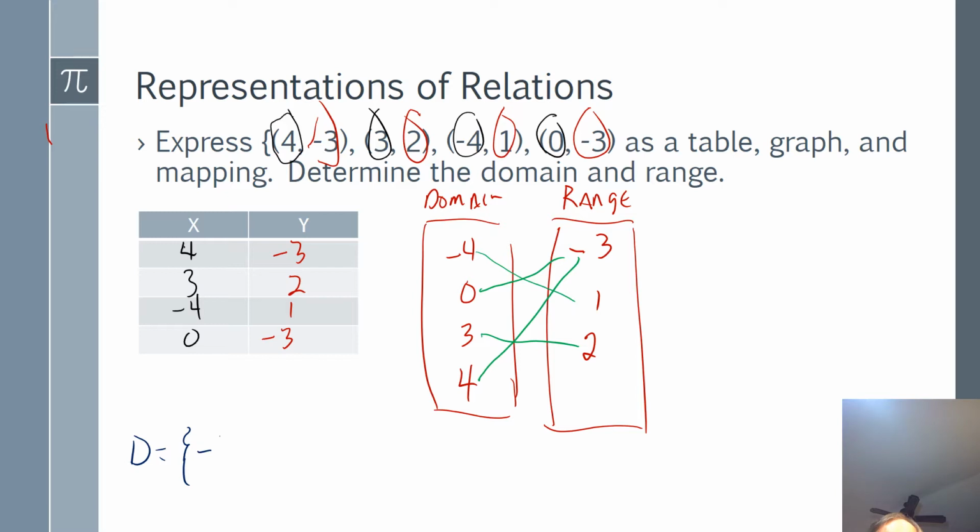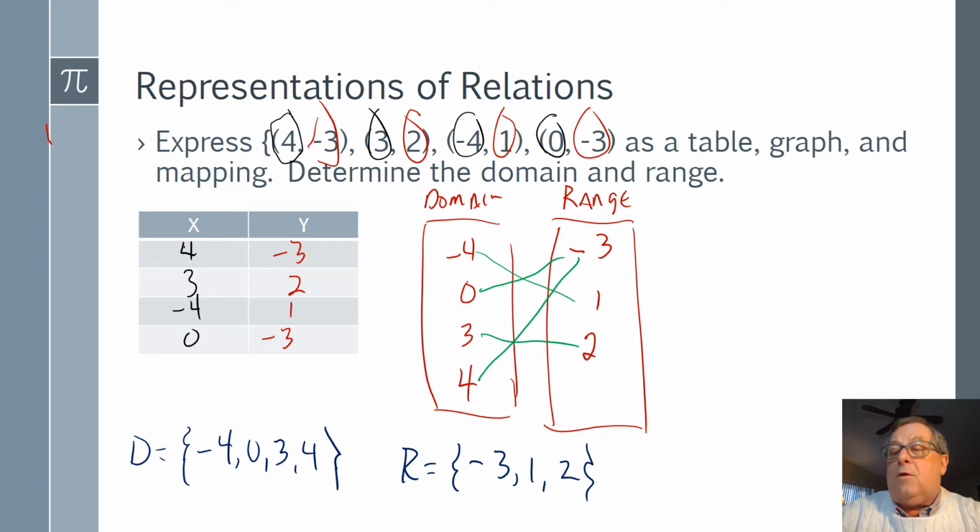Not required, but I just like to. Negative 4, 0, 3, and 4. There's our domain defined. And the range is going to equal negative 3, comma 1, comma 2. X and y, domain and range.